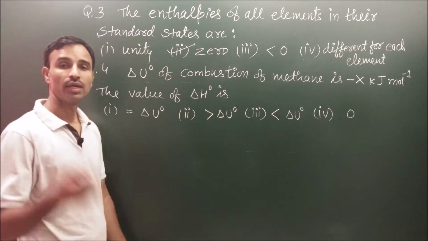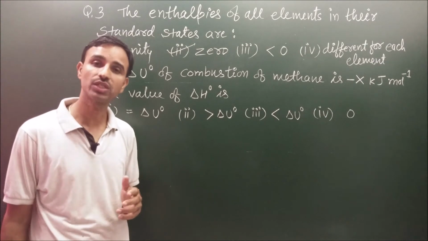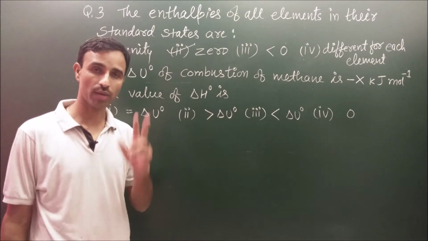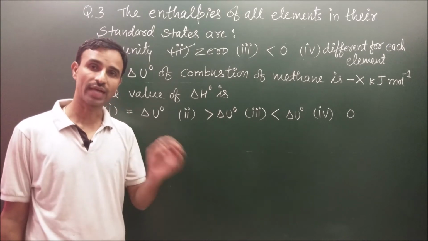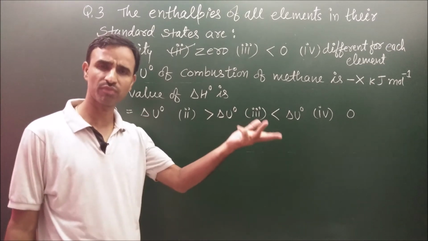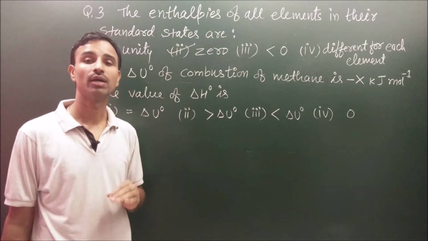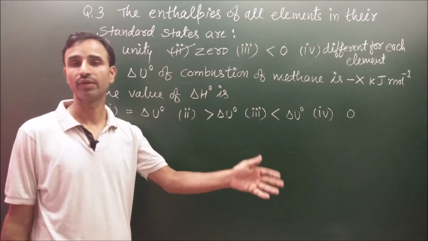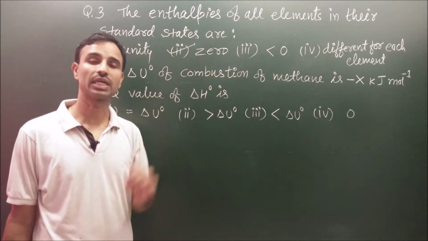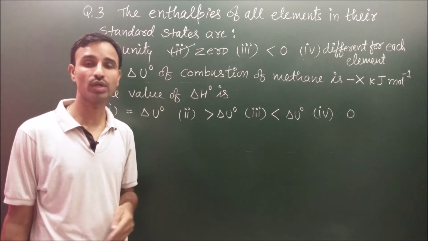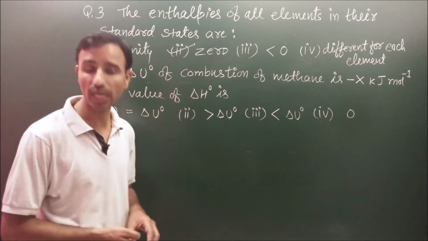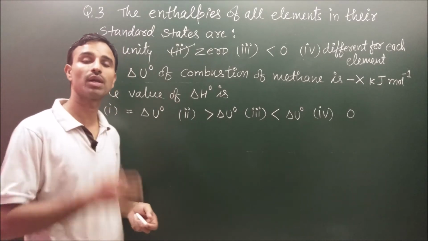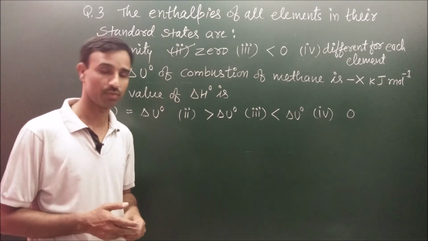For example, standard state of carbon is graphite. You know, carbon has two allotropes, diamond and graphite. Buckminster fullerene is also there, but out of graphite, diamond and Buckminster fullerene, graphite is taken as standard state because graphite is thermodynamically most stable allotrope of carbon.